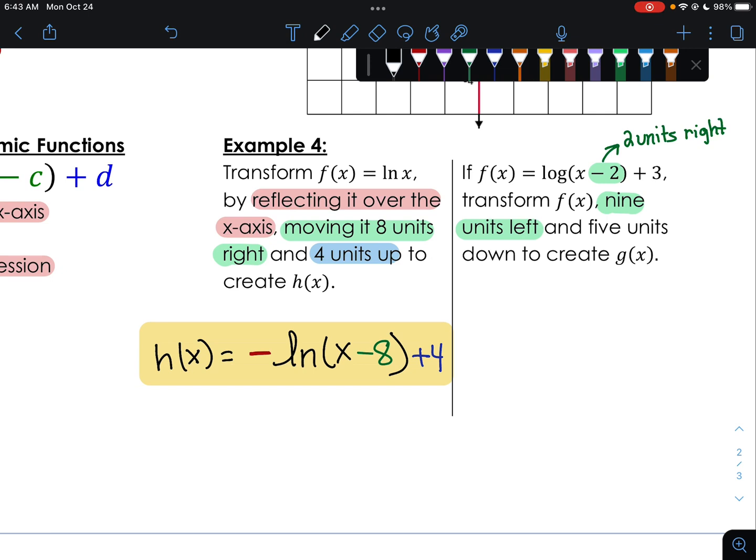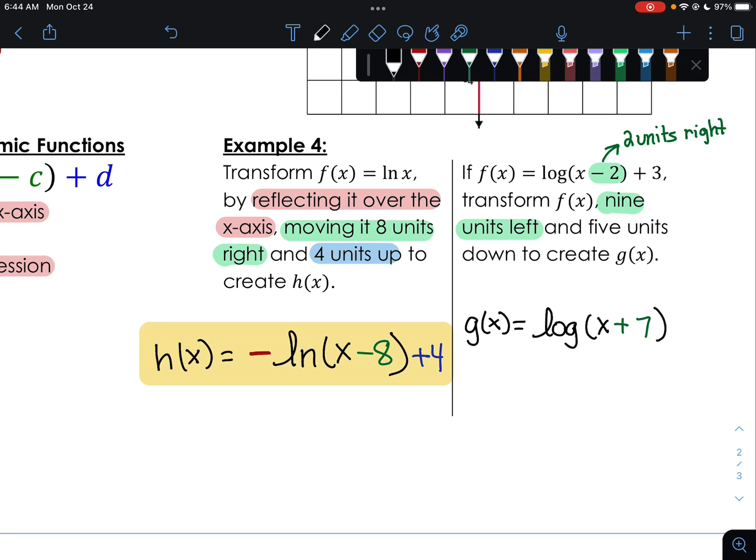So when I take this function to get g of x, right now I have 2 units to the right and I subtract 9, that's going to give me a negative 7. And so since I moved to the left, then I have to have it positive. So I have log of x, and this is now going to become plus 7, because we took away the 2 units from the right, and then we only had 7 more units to go to the left.